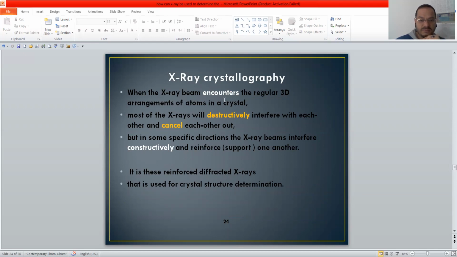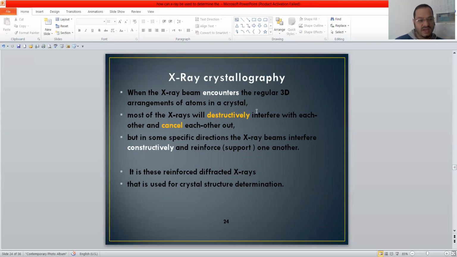When the X-ray beam encounters the regular 3D arrangement of atoms in a crystal, like I said about the plate, when we were dealing with some random points inside something like a square, the middle point was stronger than the others because of the different wavelength.